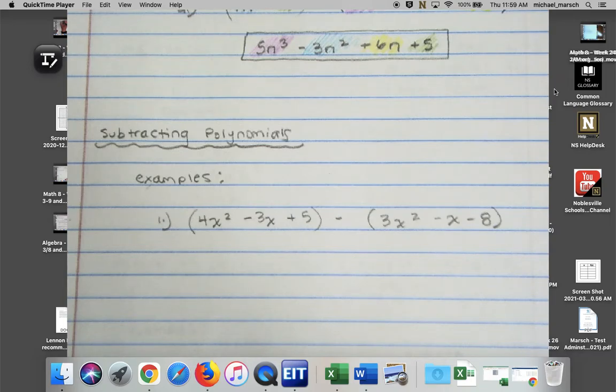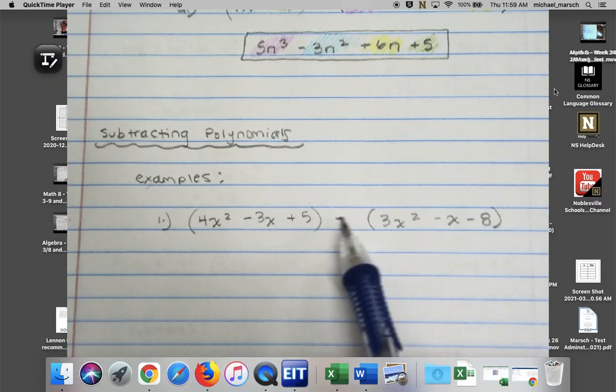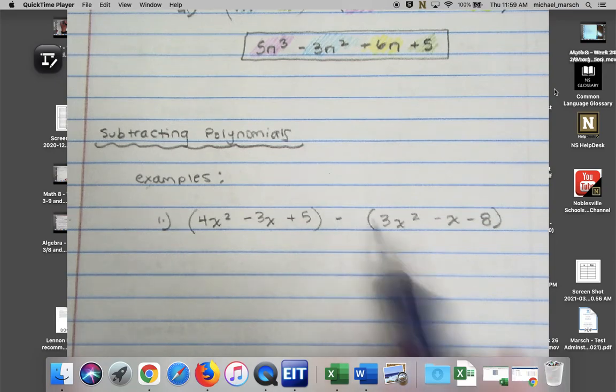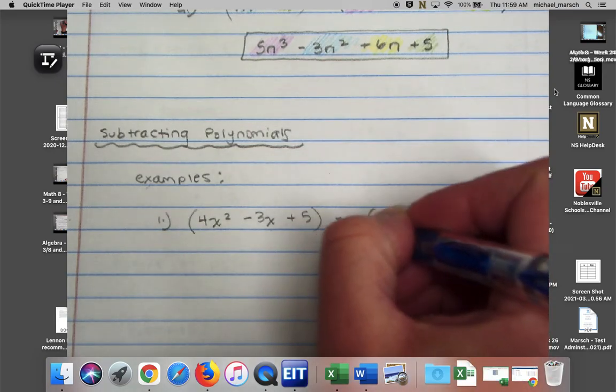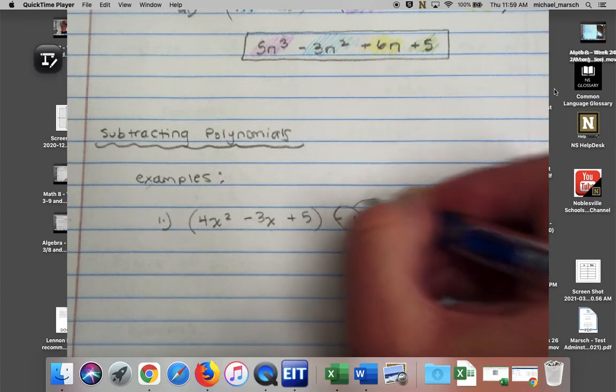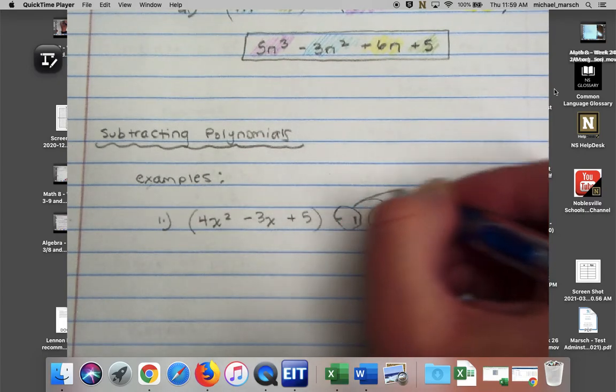Okay. So again, we have two polynomials. We're going to be combining terms based on the addition or subtraction. But the little step we have to do first is what's hiding here between this negative and this parentheses? A 1. So what you have to do first is distribute this negative 1 to this polynomial.